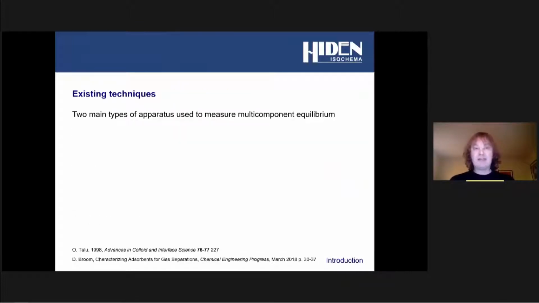Now, with regard to existing techniques, there are two main types of apparatus that are currently used to measure multi-component equilibrium. We have closed systems in which we circulate a gas mixture through an adsorption column, and then also open flow-through systems that are used to measure breakthrough curves. There are other variants on these techniques.